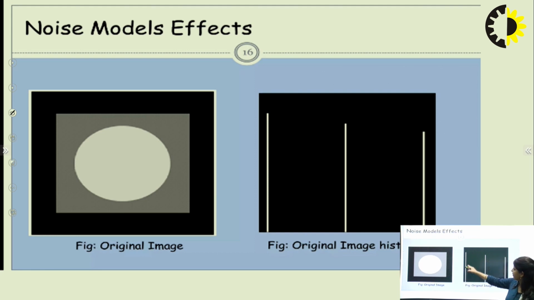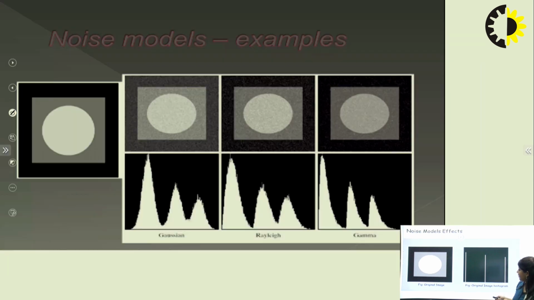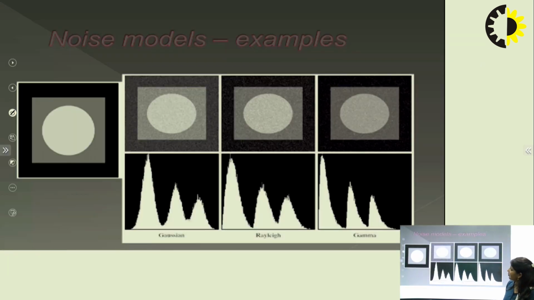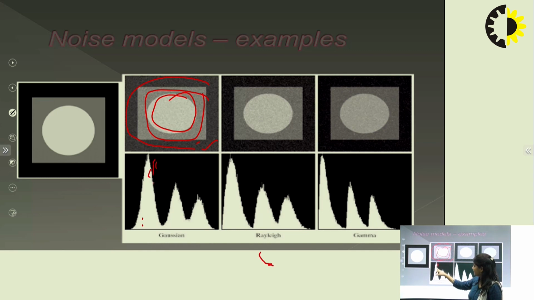If the image gets degraded, we have this degraded white, degraded gray, and degraded black. So we will get some distortions here. This peak is telling us that there is some distortion. This is the case of Gaussian noise, this is the example of Rayleigh noise, and this is the example of gamma noise.